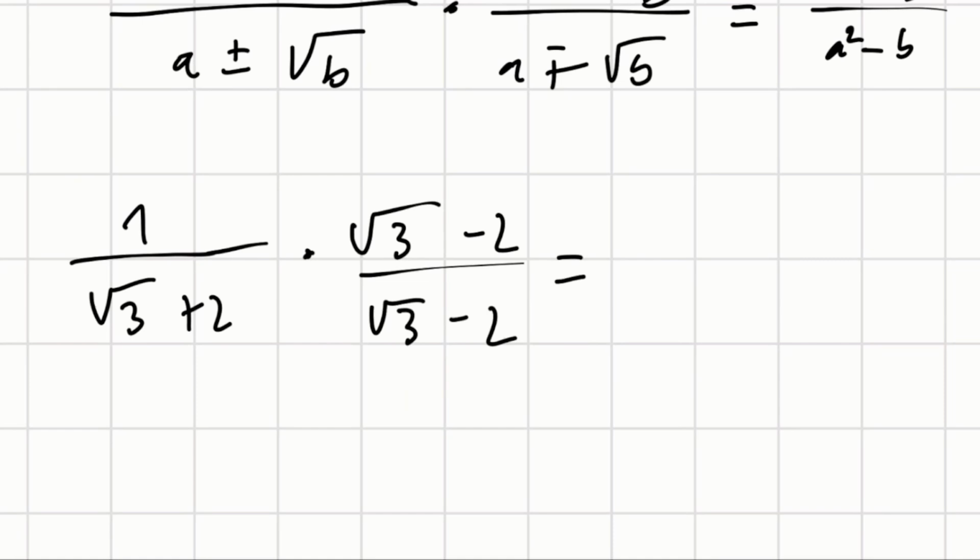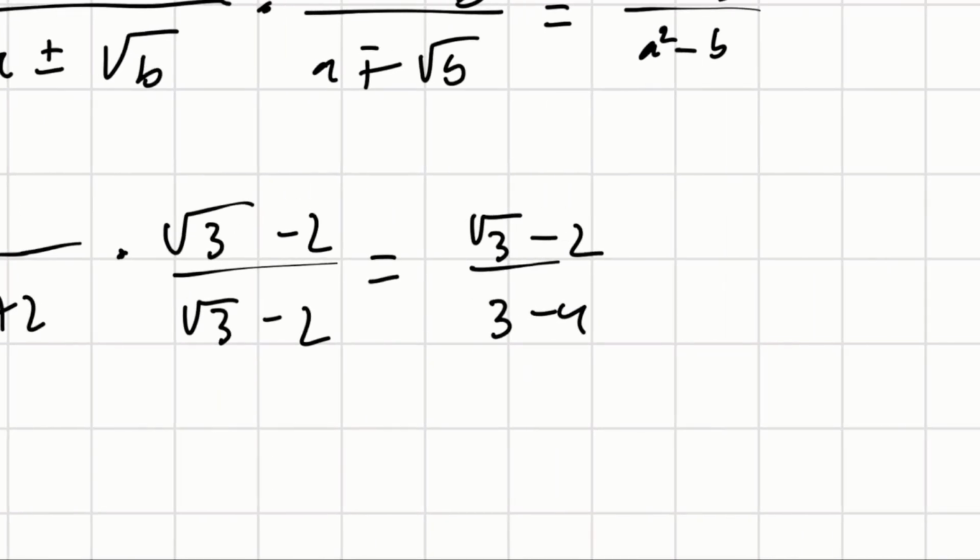If we now multiply this, it gives us 3 minus 4, which is equal, in this case, to minus 1, therefore minus 1 here. Therefore, minus the square root of 3 minus 2.